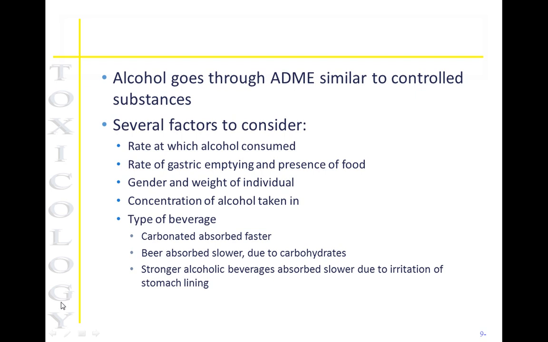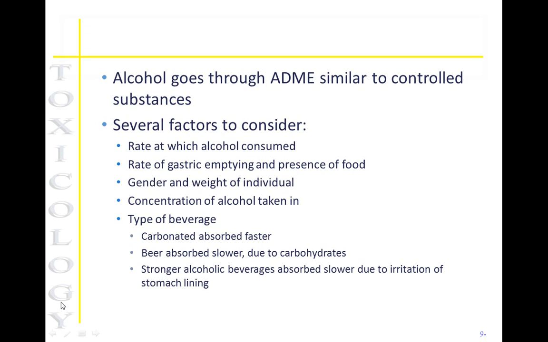Also, whether or not there is food in the stomach will have an impact on how that alcohol is actually absorbed. The gender and the weight of the individual will also make a difference as to how the alcohol is absorbed, in addition to the concentration of the actual alcohol itself.